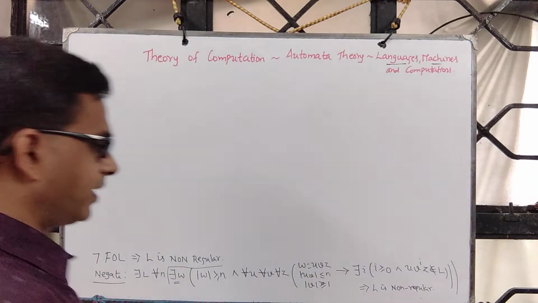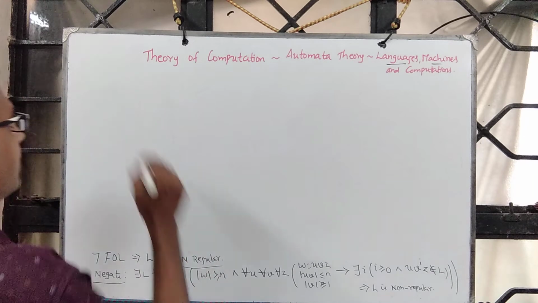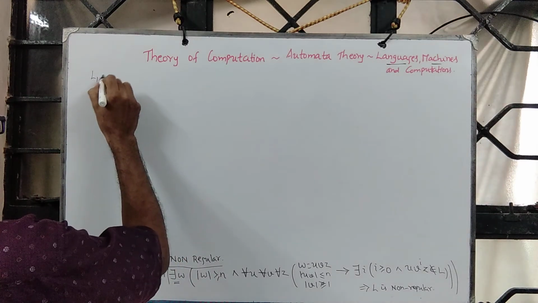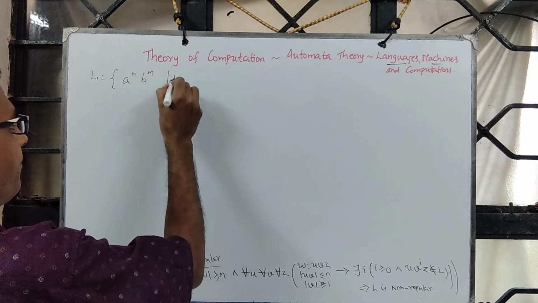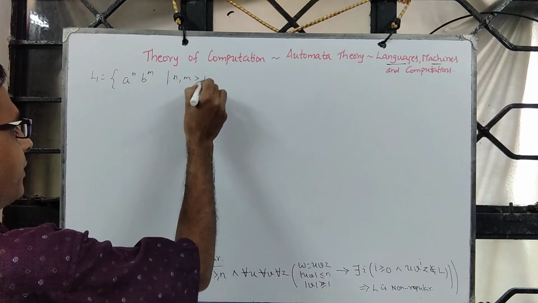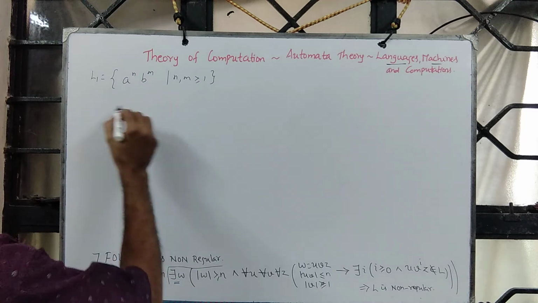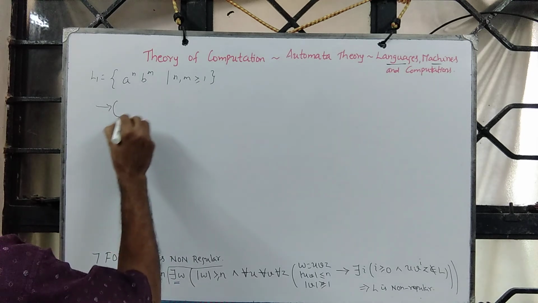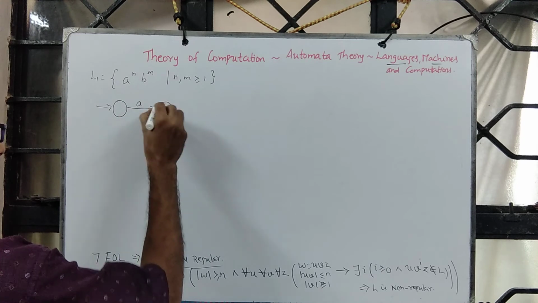Let us look at a couple of examples to appreciate the pumping lemma. Consider this language: a power n, b power m, where n, m is at least 1. We know that this one is regular because one can construct a finite automaton.